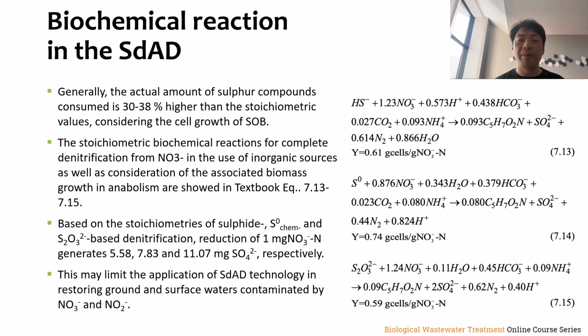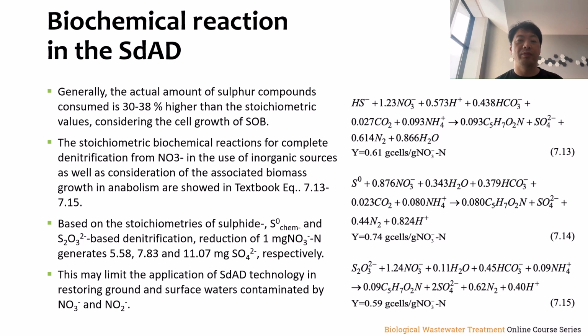With chemical elemental sulfur, this yield will increase to 7.8 gram of sulfate. With cell sulfate, the reaction is most efficient, producing 11 gram of sulfate per gram of nitrogen reduced.